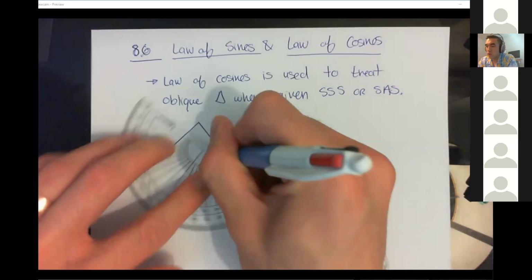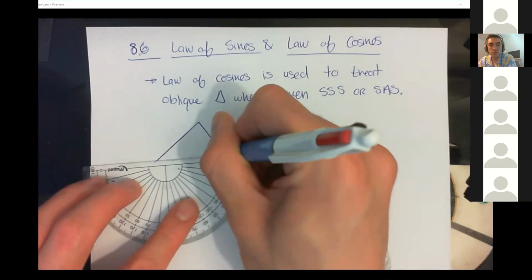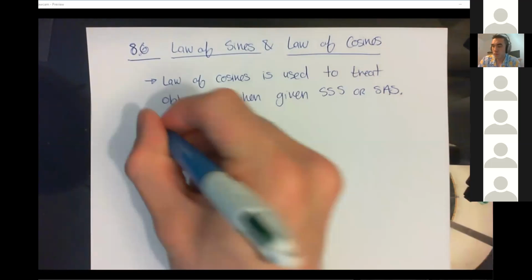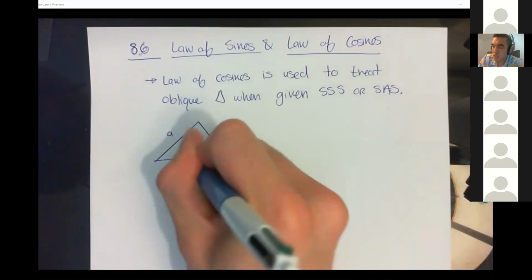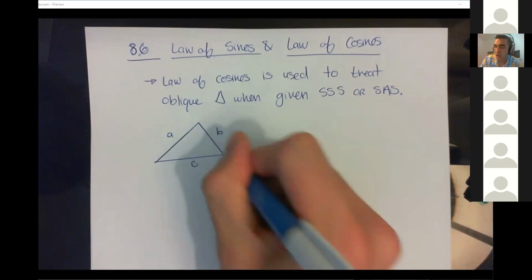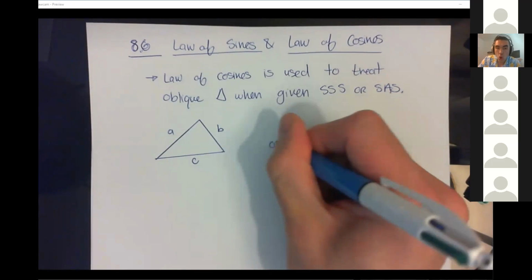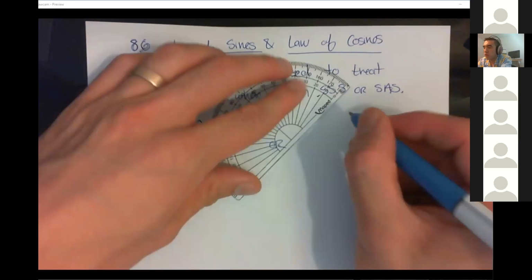So this is to say you're given some nasty oblique triangle and you're given A, B, C, and then you're asked about angle A, angle B, and angle C, or you are given the following information.